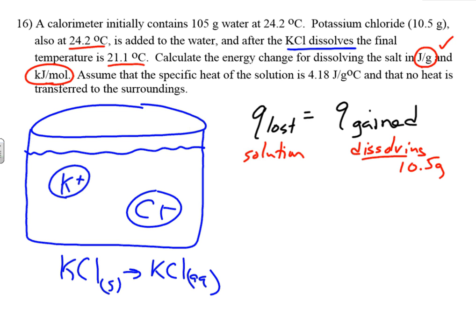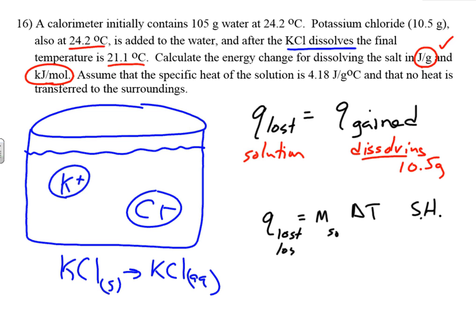All right, so let's take a look at that Q of the solution. If I do Q lost by the solution, because there's a temperature change associated there and there's a mass and a specific heat, I can use mass times delta T times specific heat. The thing I want to remember is that this is for the solution.